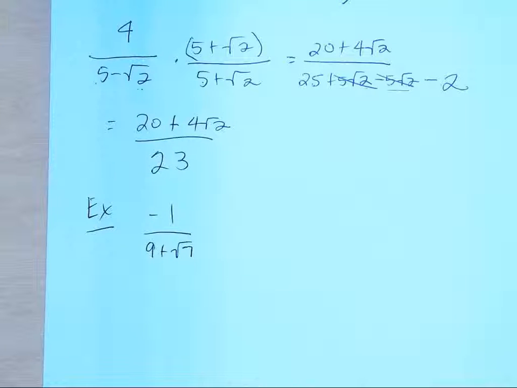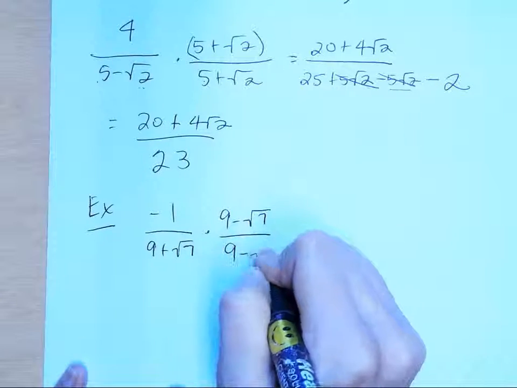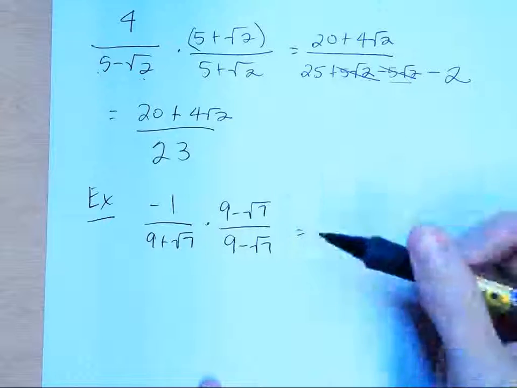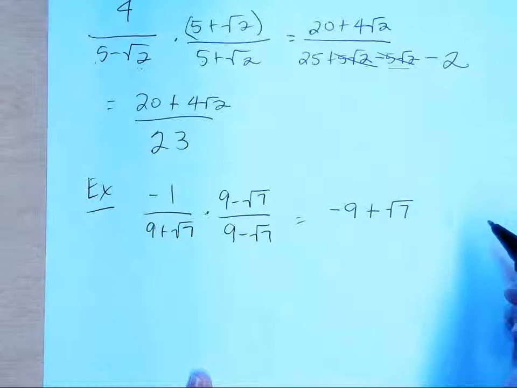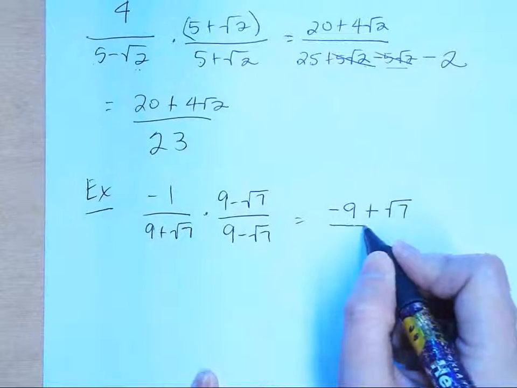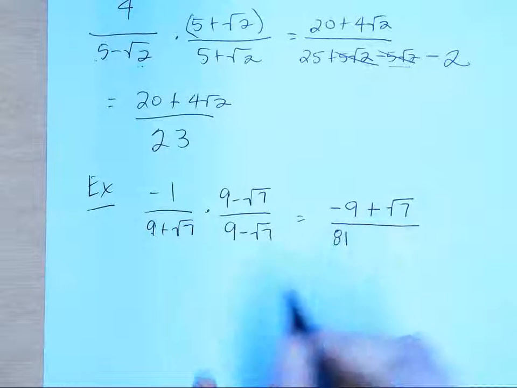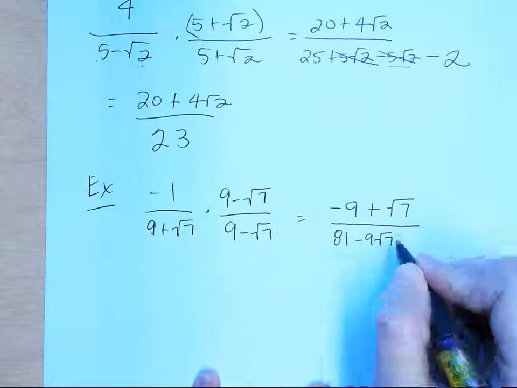Okay, we need to multiply by the conjugate of the denominator, so what is that? 9 minus root 7 over 9 minus root 7, which is going to give us, when we distribute, negative 9 plus root 7 on the top, divided by, again, if we distribute this, we would have 9 times 9 is 81. 9 times negative root 7 is negative 9 root 7.